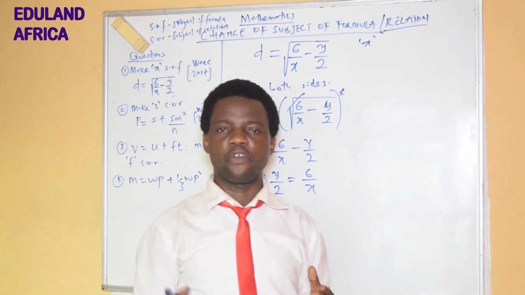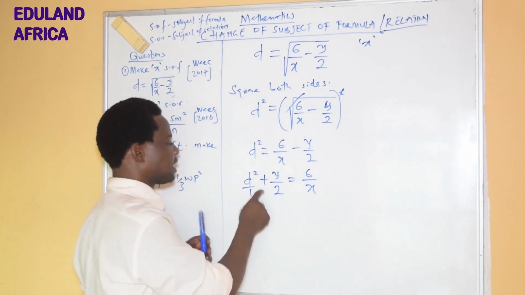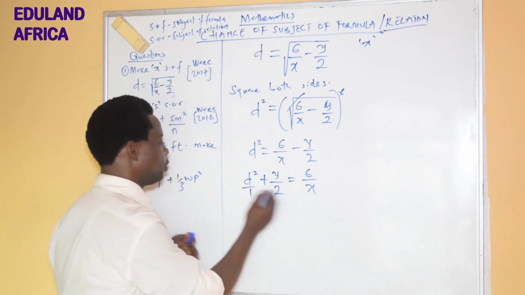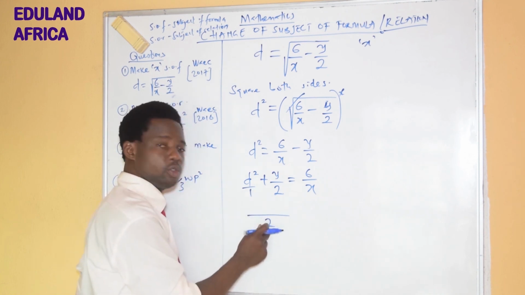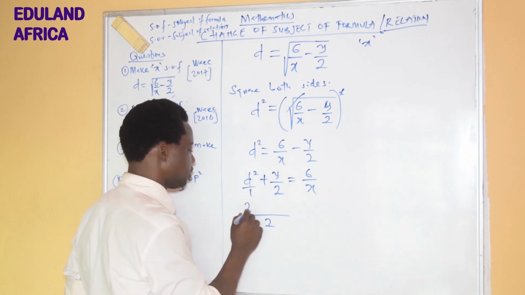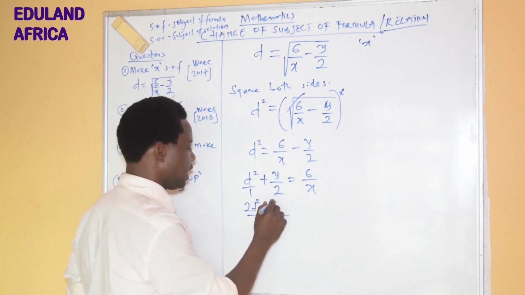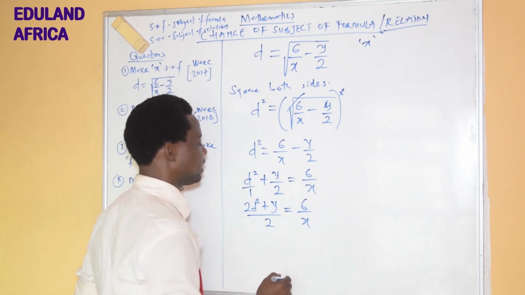Once we make it a single fraction, then we can easily cross multiply, and we are watching out for Mr. X to be liberated. How? The LCM is 2. 1 into 2, 2 times d squared is 2d squared, plus 2 into 1, 1 times y is y, equals 6 over x.